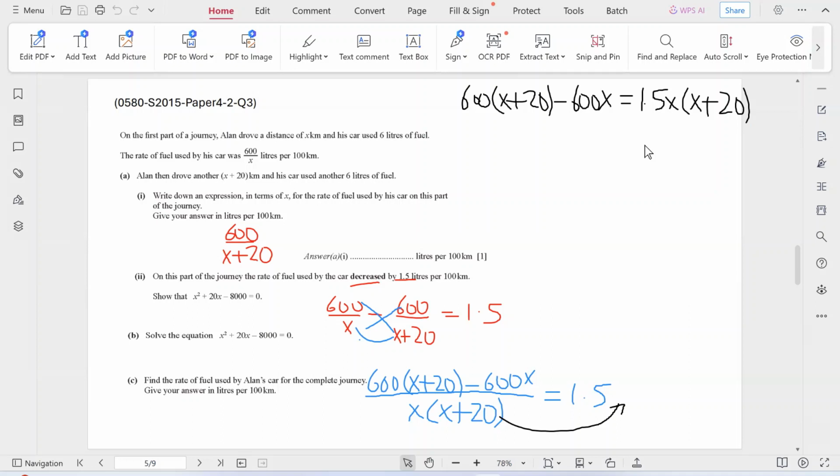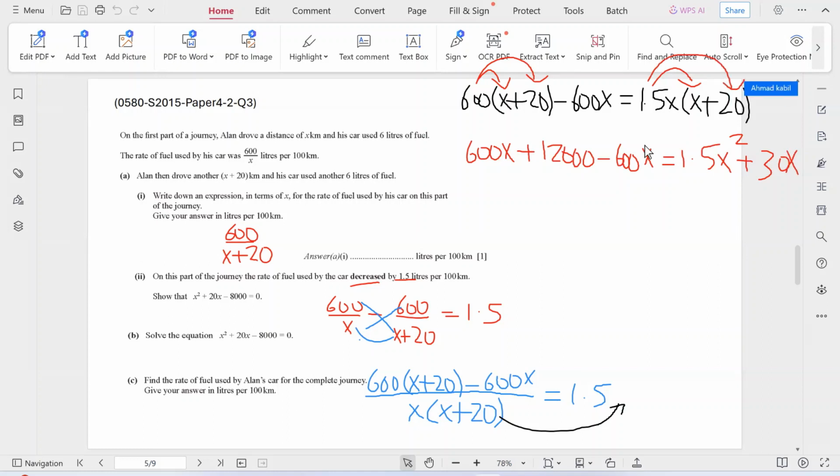Next, we distribute to simplify. So we distribute the 600 here and there. We get 600x plus 12,000 minus 600x. This is equal to, and again we distribute here, 1.5x squared plus 30x. I got 30x by multiplying 1.5x by 20.